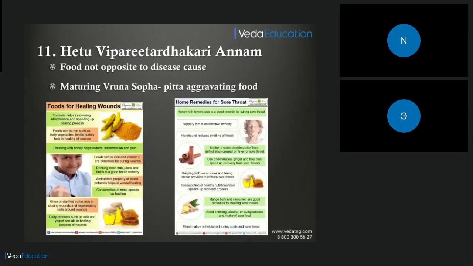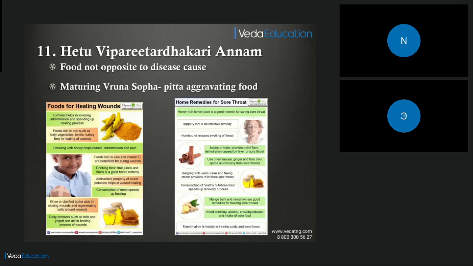Another one is, based on the Hetu or the causative factor, food is not opposite to the disease. When you have a wound that is healing, we give pitta-aggravating food because it can heal faster. For example, already you have a sore throat and with hot water, you are gargling.